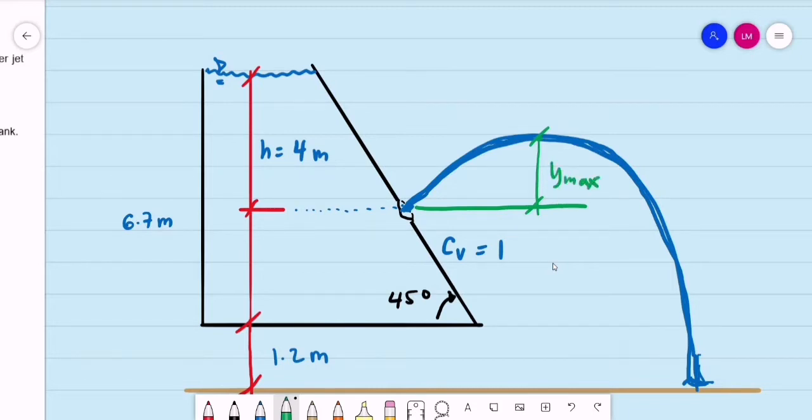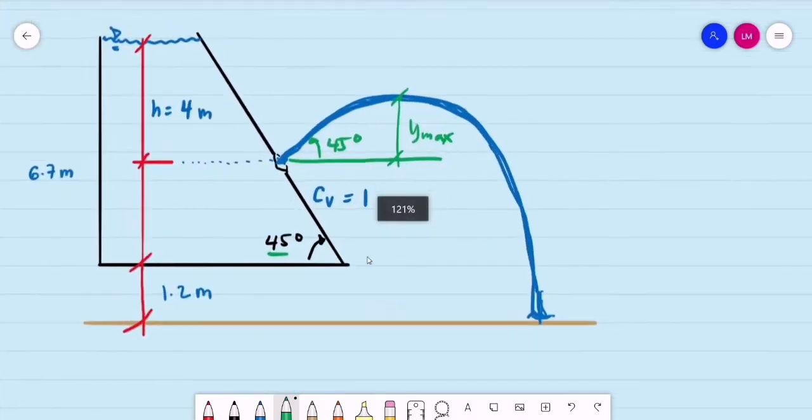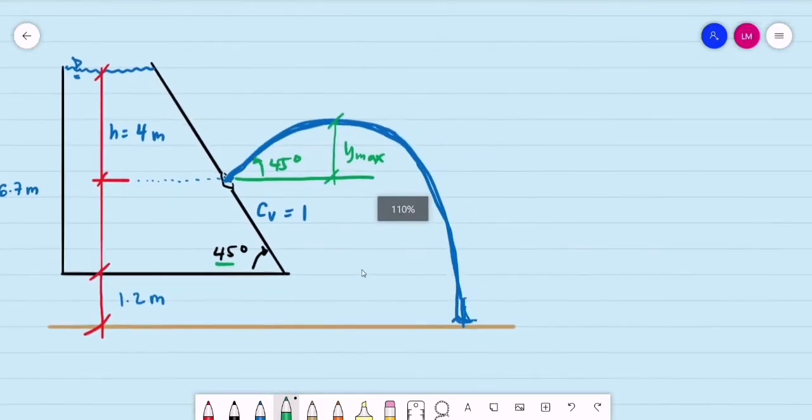Okay, yung pinanggagalingan ng tubig is naka-incline na 45 degrees. Yun na rin yung magiging inclination ng water jet. So, this is the same as 45 degrees. So, coefficient of velocity is equal to 1. Okay, nagbigay siya ng coefficient velocity, basically para makompute yung actual velocity.